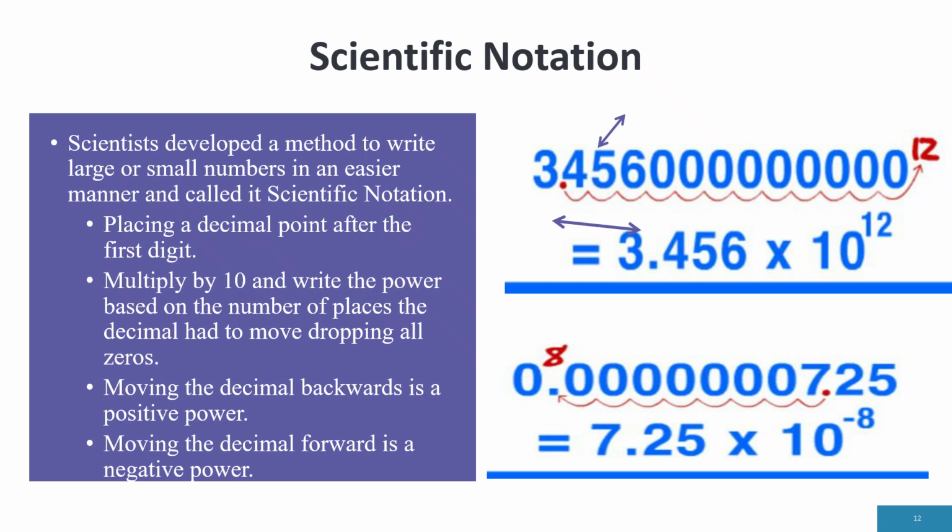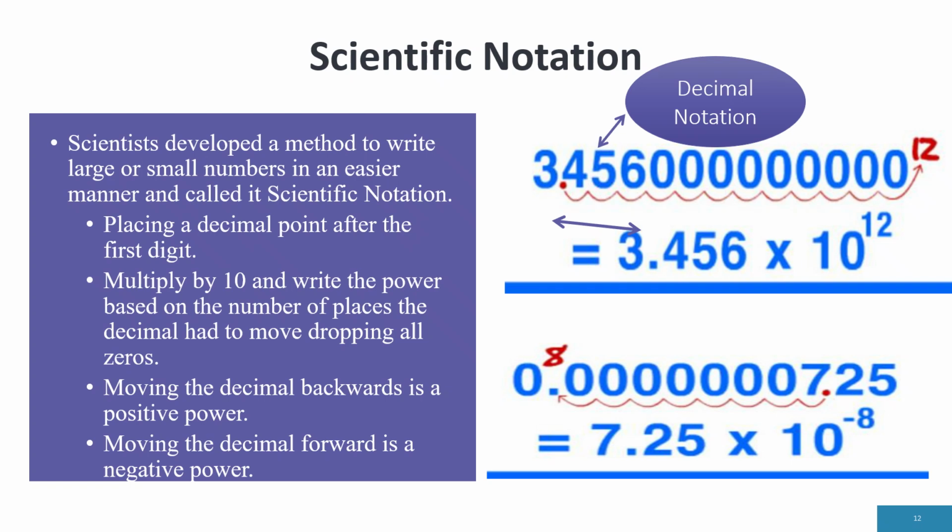The decimal notation is 3.4560000000000. So we can count how many places the decimal needs to move. If it needs to move all the way to the right, it needs to move 12 times. In order for me to write scientific notation and drop all these zeros, again, we do not touch the whole numbers.